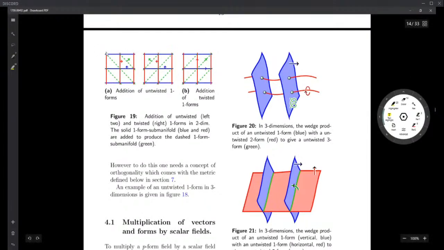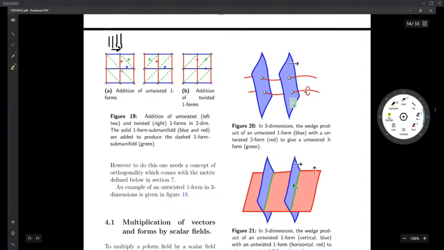So let's take this example. This is a one form. How I would like you to visualize this is you see these lines here. You can take this as a field, just going in this direction, to the right.